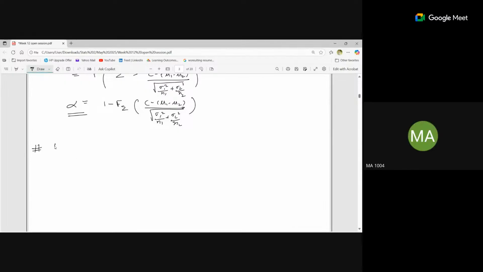Now we have the F test. When we are doing the F test, it is for the variances only, when we have two samples.